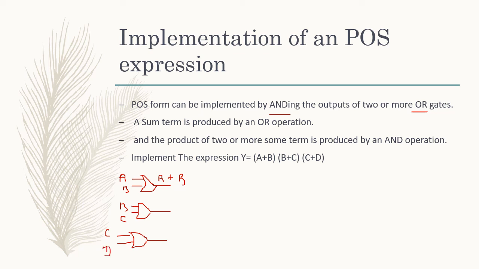And the product of these three is required, so that's why these three outputs are given as the input to the 3-input AND gate. Okay, and at the output you are actually getting this expression, which is y equals a plus b dot b plus c dot c plus d. So this is how we can implement the given POS expression.